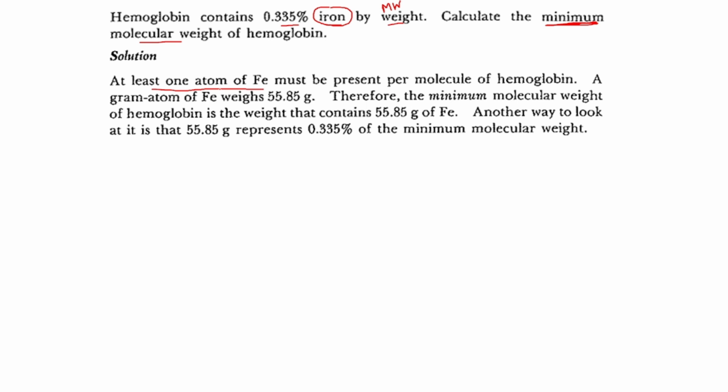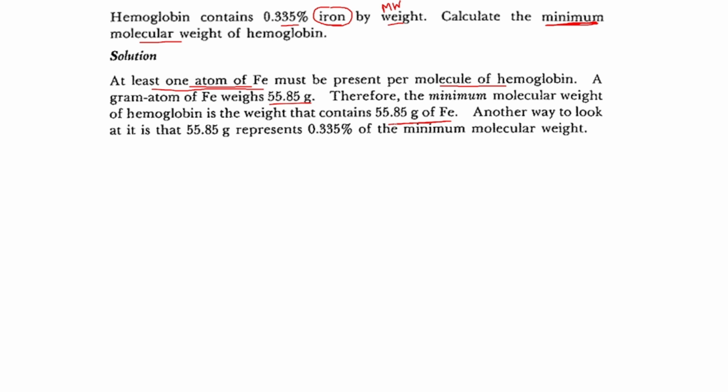So we are considering that there is at least one atom of iron present per molecule of hemoglobin, and we know the atomic weight of iron is 55.85 grams. Therefore the minimum molecular weight of hemoglobin is the weight that contains this minimum weight of iron, right?